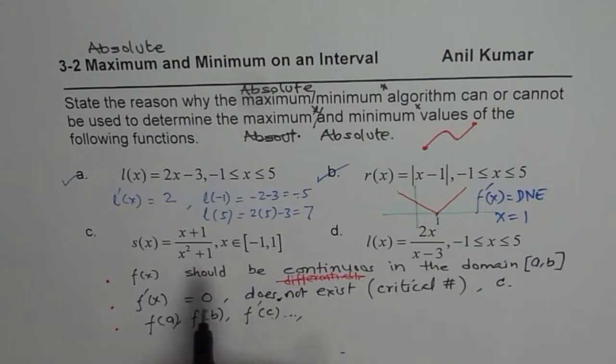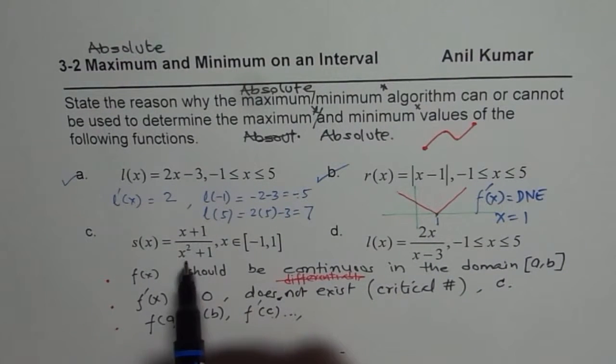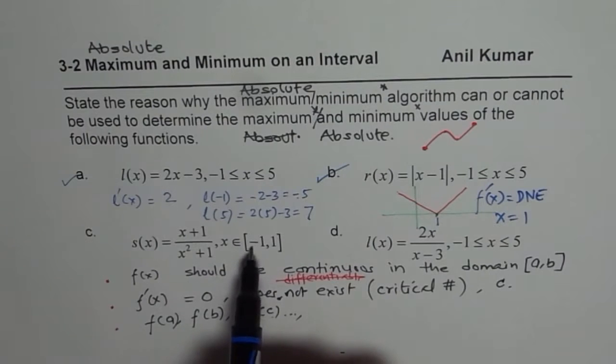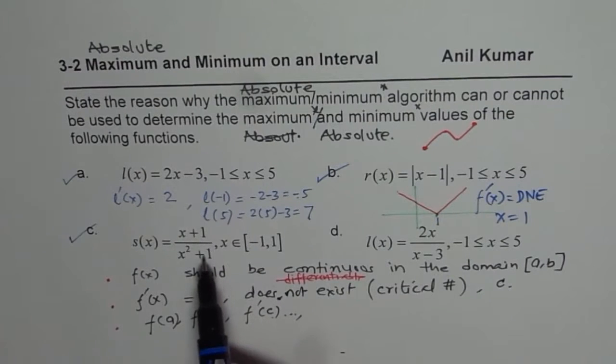Now here, if I substitute -1 or 1, the denominator is never 0. So this function does not have any restrictions, and it is continuous within the given domain, right? And therefore, we can use our algorithm to find the absolute maximum or minimum.